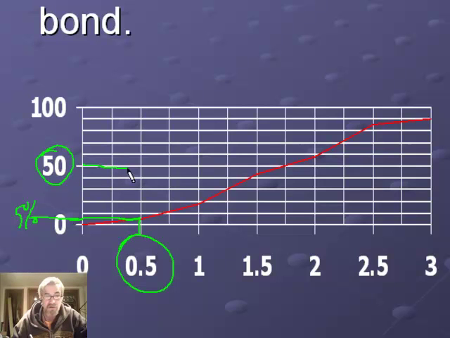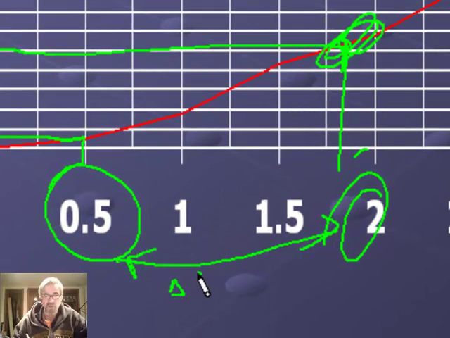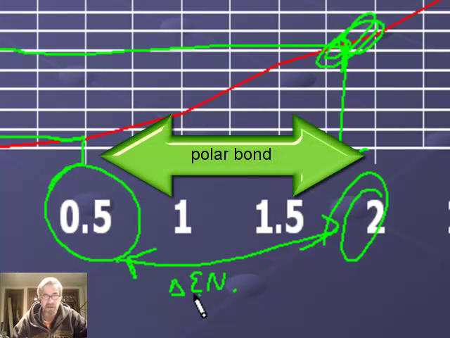So if you trace this over, you come out to somewhere around 1 3/4 to 2. So we could roughly say that between 0.5 and 2 electronegativity difference is what we call a polar covalent bond. There's actually more to it than just electronegativity difference, but you'll get pretty close by using that estimate.